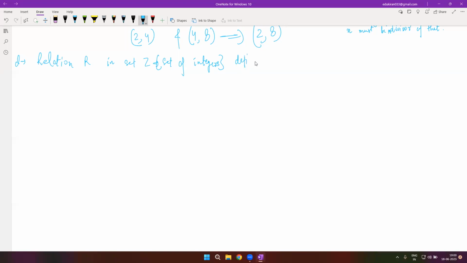Defined as, now what does the rule of the relation say? R is the relation in which x comma y is a pair of R if they satisfy this: if their difference is an integer.